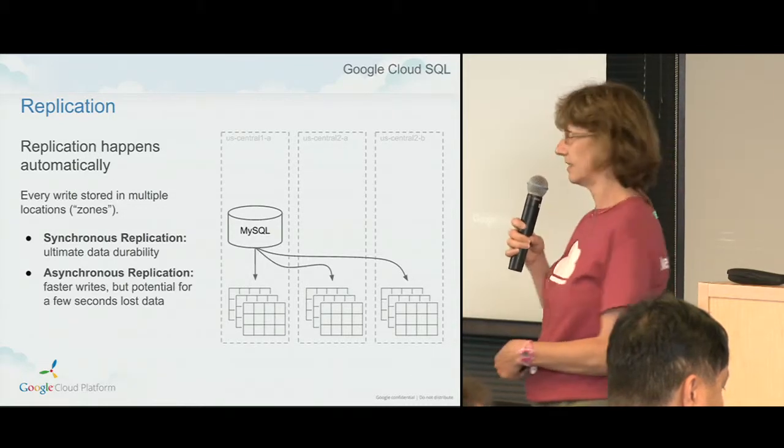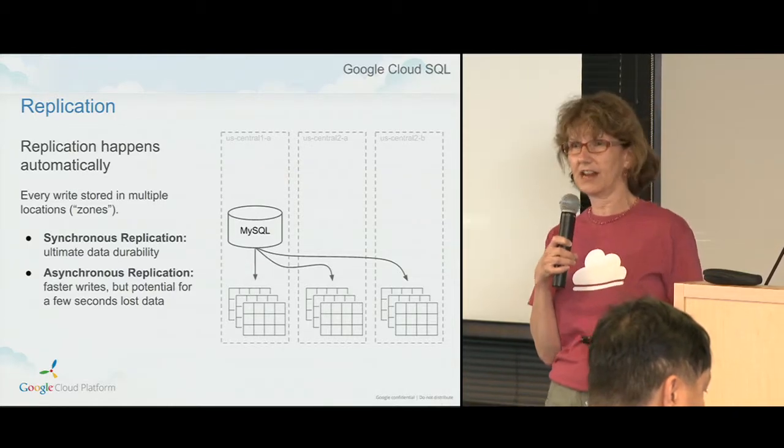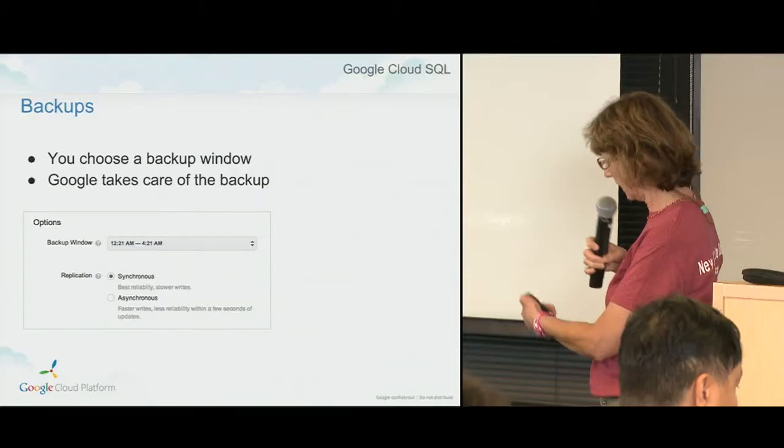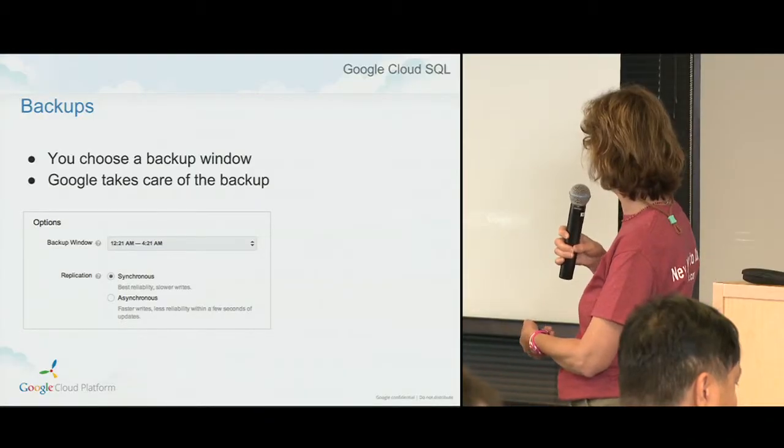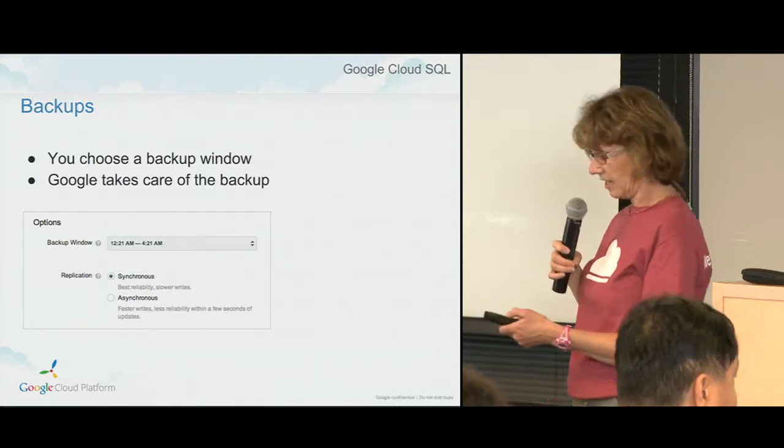If it's asynchronous, it might not. The replication isn't quite as quick. I mean, we're talking fractions of a second here, and there's a very small chance you might lose just a tiny bit of data. But you can choose it. And actually, this is how you choose it. There's a UI. You can say synchronous or asynchronous.